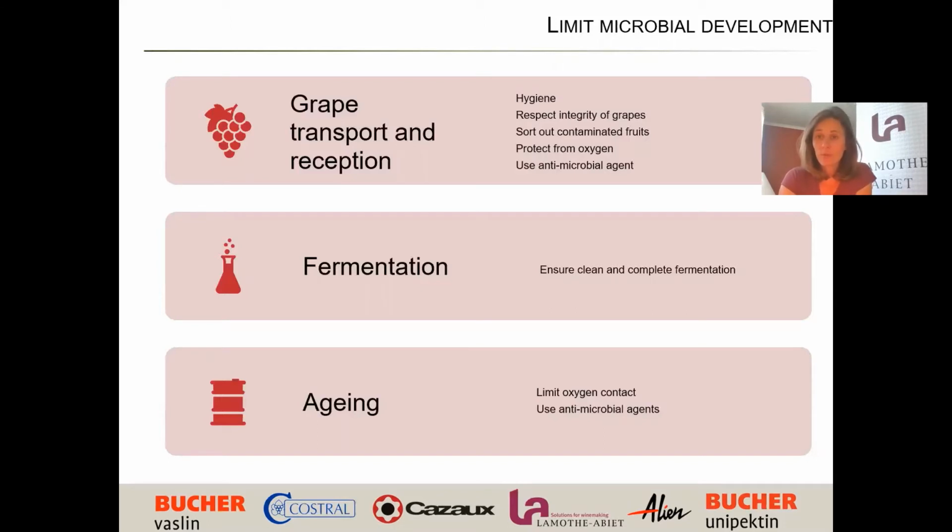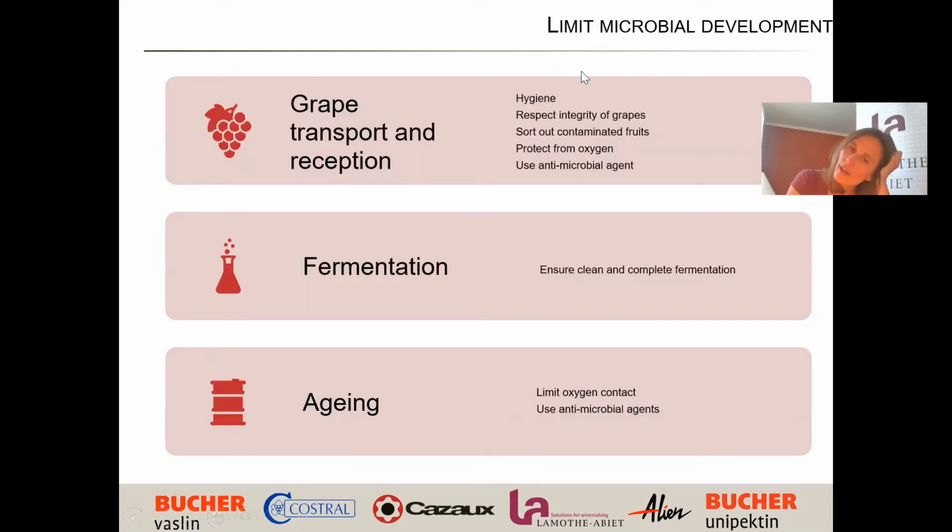And use antimicrobial agents early in the process. If you do this, you will really work on a preventive approach. So you will have to use less product, but also you will not have to treat any wine and you will not have any spoilage happening. So it's important to really consider every single point.